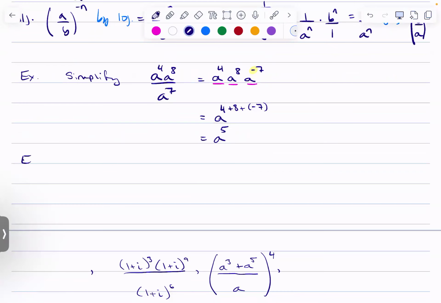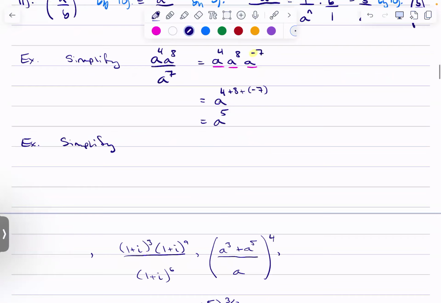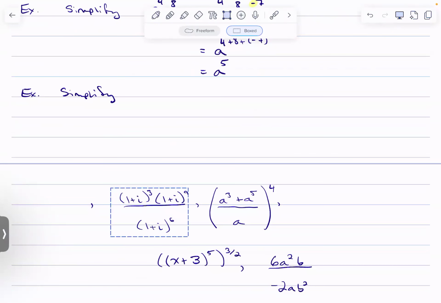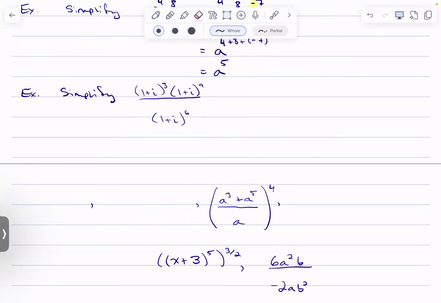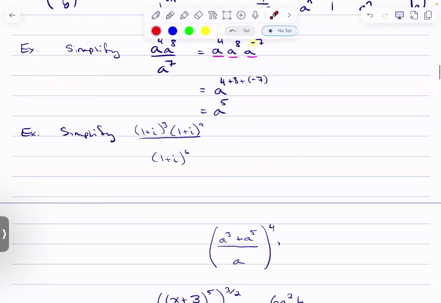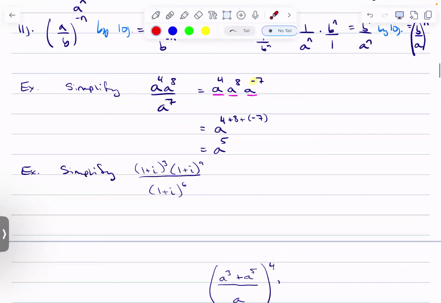What if you have to simplify this little guy? When you see 1 plus i to the 3 times 1 plus i to the 9 and 1 plus i to the negative 6, this is the same scenario as we had here, as long as you treat the 1 plus i as one thing.